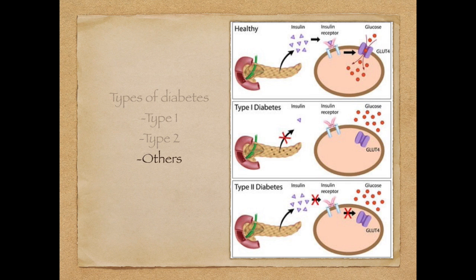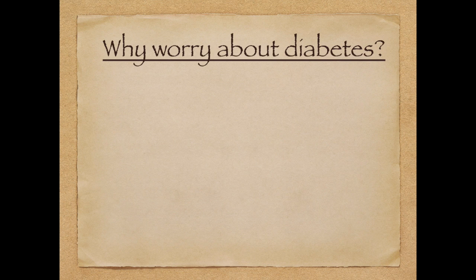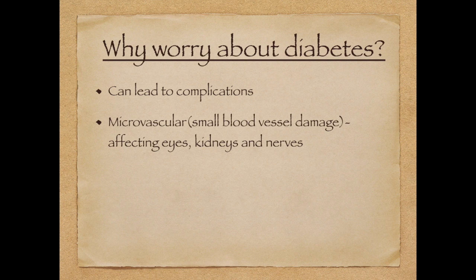In later stages, people with type 2 diabetes might also develop deficiency of insulin. There are other types such as gestational diabetes, maturity onset diabetes of the young, and many more, which I will not be discussing today. Poorly controlled diabetes can lead to various complications. They can be classified as microvascular and macrovascular.